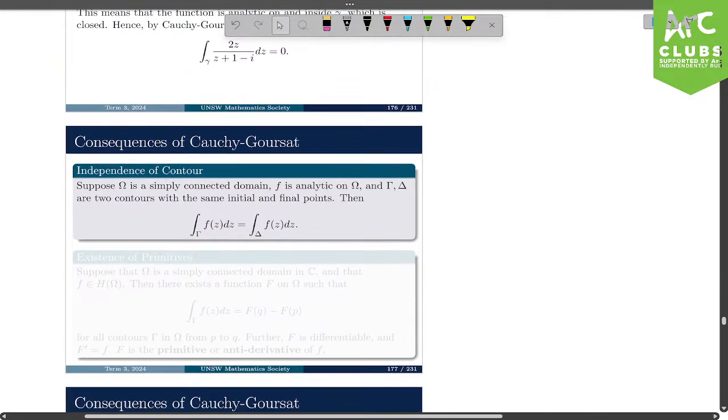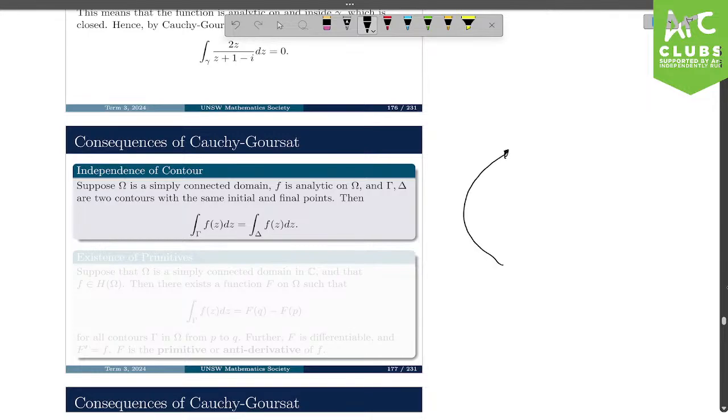Now, an interesting consequence of this is the fact that two contours with the same initial and final points are equal. So this works itself out into, okay, here are two different contours between the same two points. If I orient myself going around a circle in this, then what I have is 0 in my integral, right?